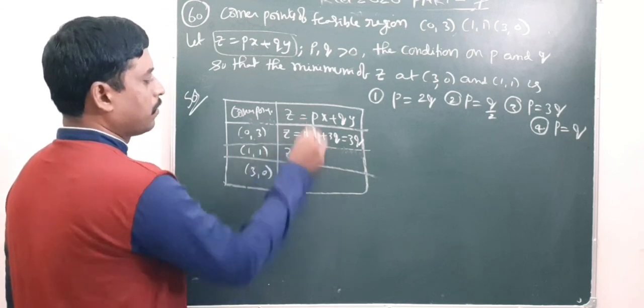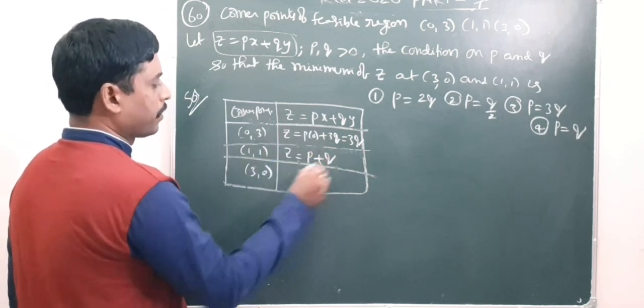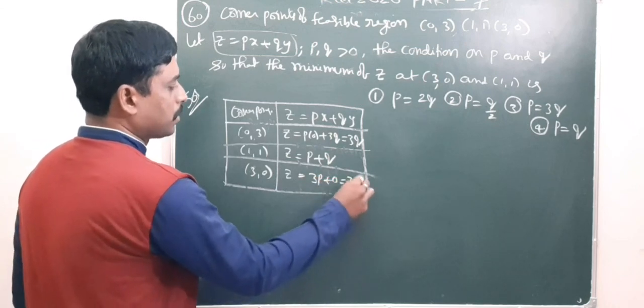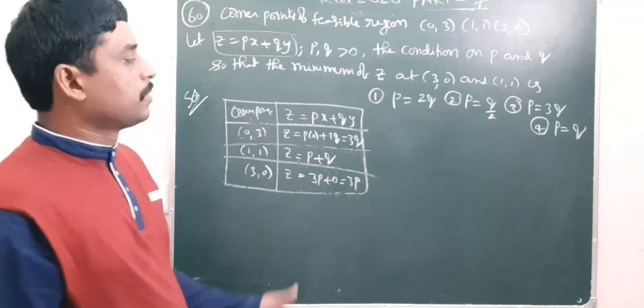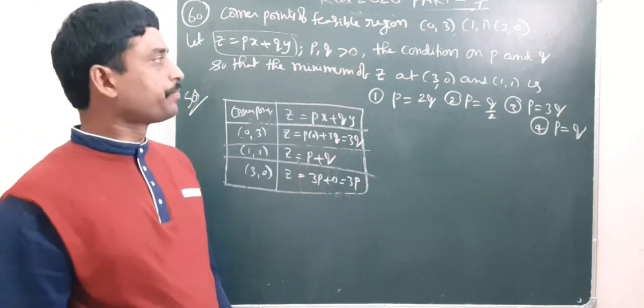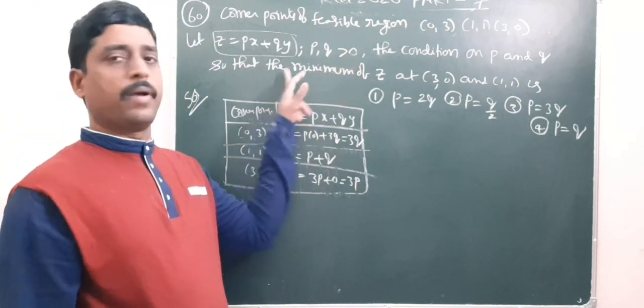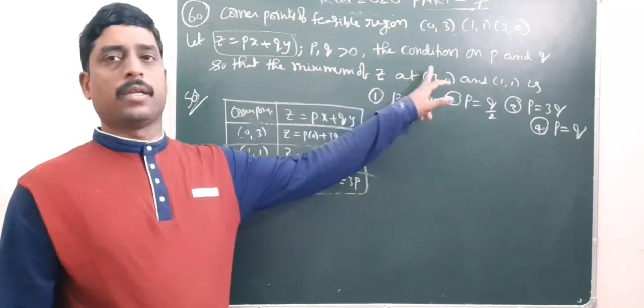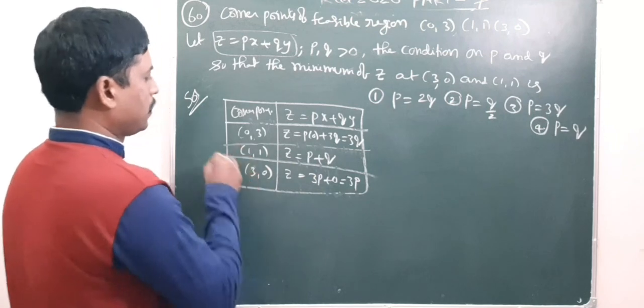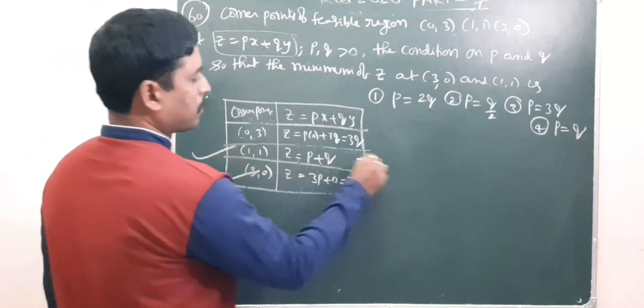At (1, 1), the value is p plus q. At (3, 0), it is 3p plus 0, which is equal to 3p. So what is our target? Required is the condition between p and q. But the minimum value of z is at (3, 0) and (1, 1), the same.